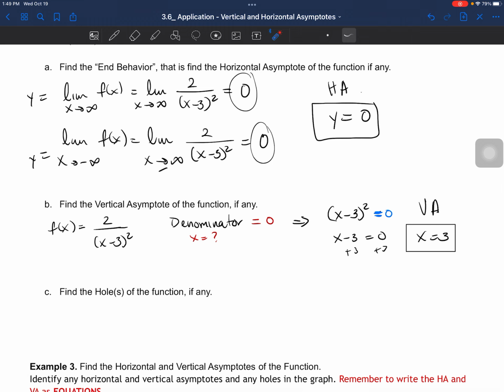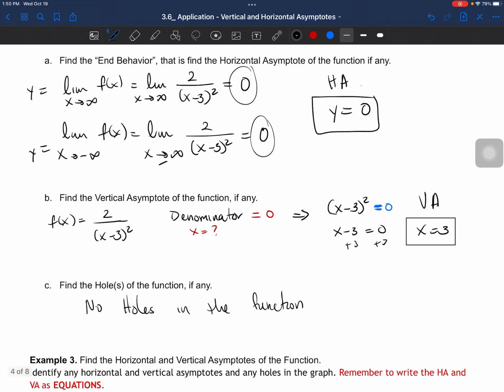We do have examples of that in the next video, so just look over those later on. So in this case, there are no holes in the function. What happens is that if that factor happens to be canceled, that would make the function be undefined.